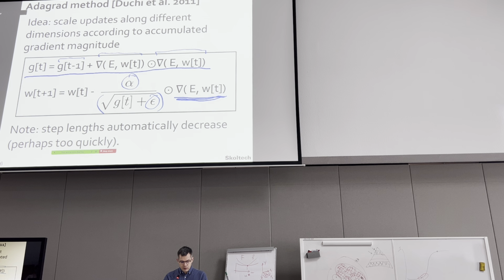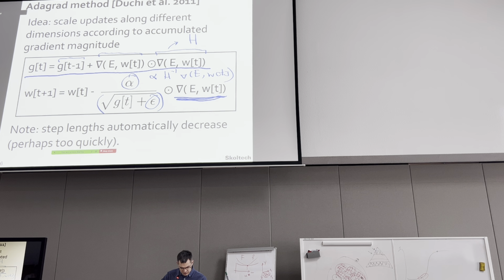Okay, the idea here is we have this scalar product of partial derivatives, yes? And we know that this is close to the diagonal representation of the Hessian. So in the Newton method, we would have the following rule for the update of the parameters.